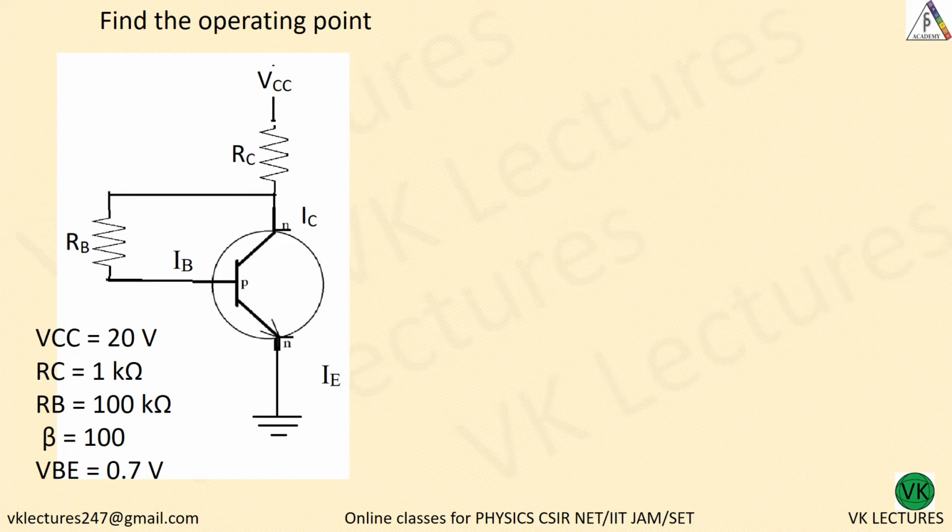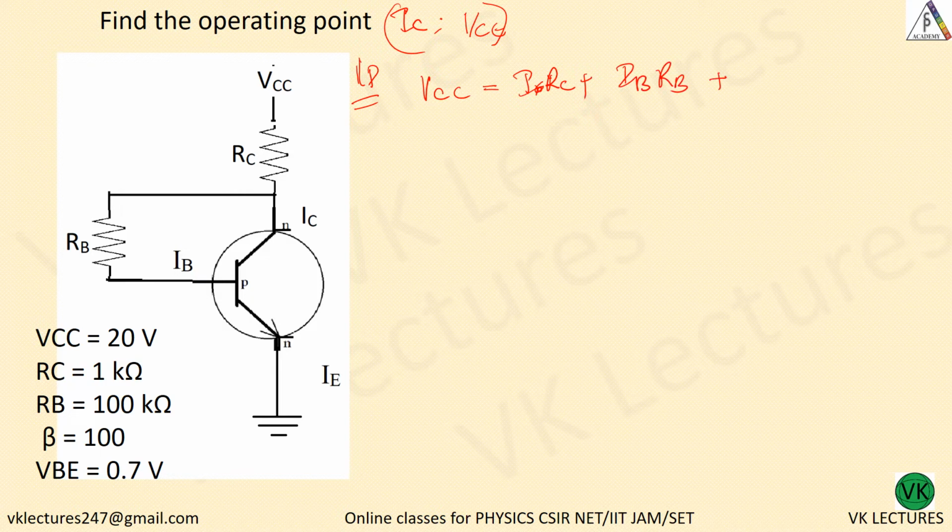This one you can take. Now find the operating point. Operating point means you have to find IC as well as VCE. IC and VCE is the operating point. So let us go by the input side. VCC equal to I times RC plus IBRB plus VBE.